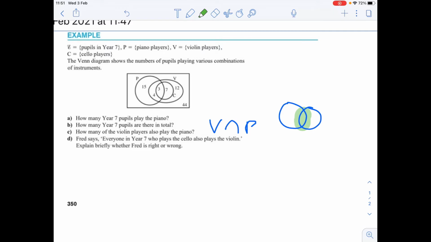And the final question: Fred says everyone in year 7 who plays the cello also plays the violin. Is he right or wrong? Well, he is right. Because how many students play the cello? Well, the answer is 10. It's the 3 and the 7. And all those students that play the cello are inside the violin circle. What we say mathematically is that C is a subset of V. That looks like a big C type thing.